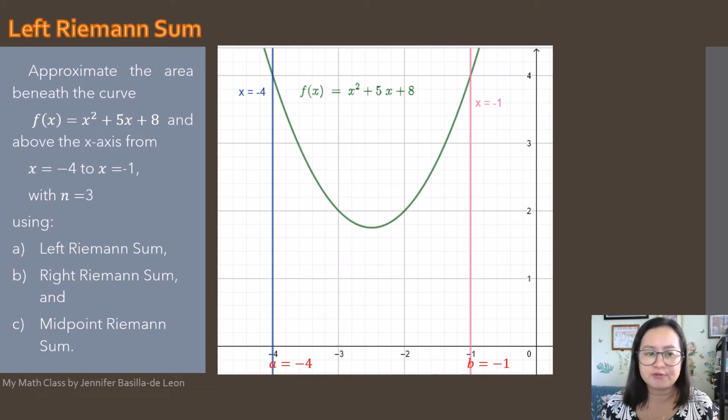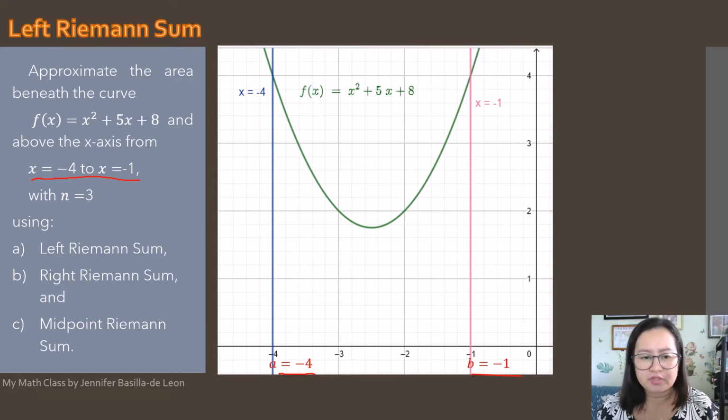Now let's use the left Riemann sum formula in approximating the given area. So we have to determine the closed interval at which the curve is to be considered. So we have a equals -4 and b equals -1 as indicated by these lines.